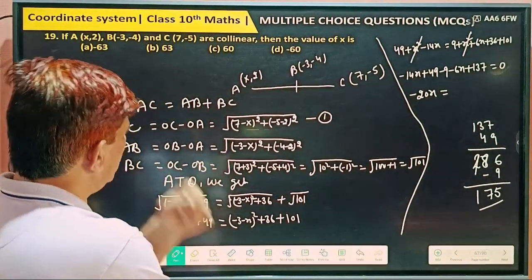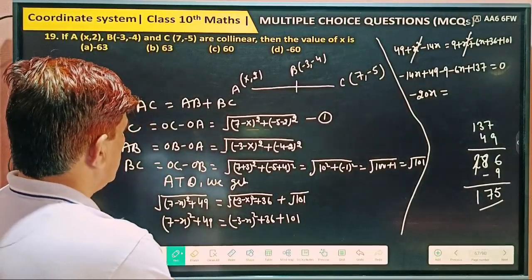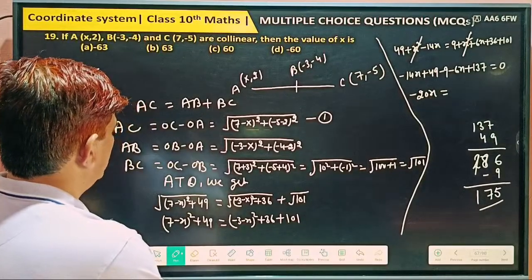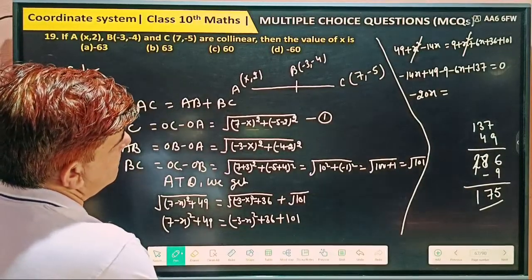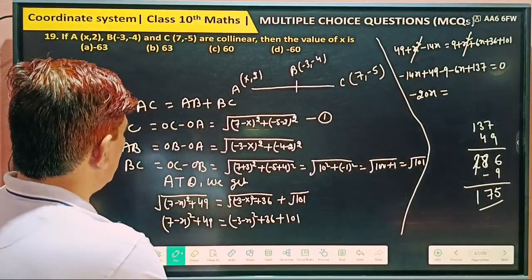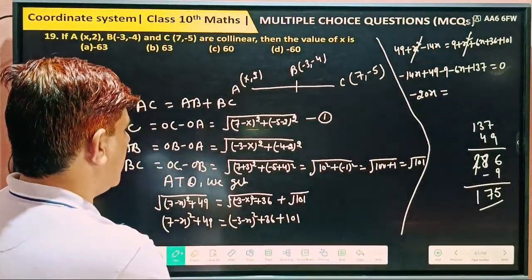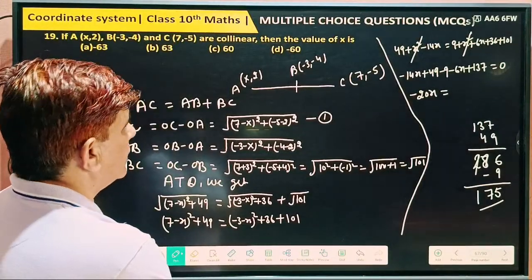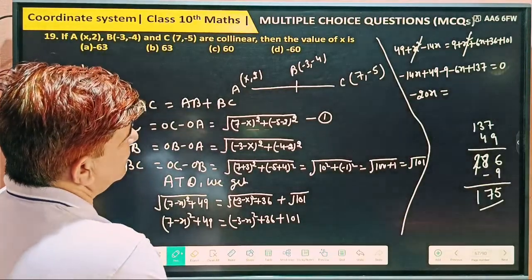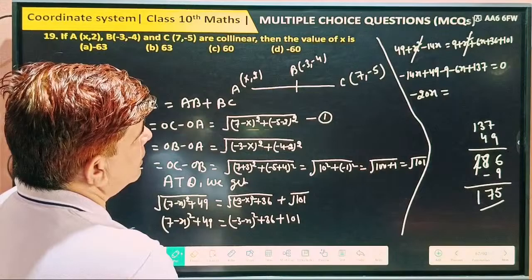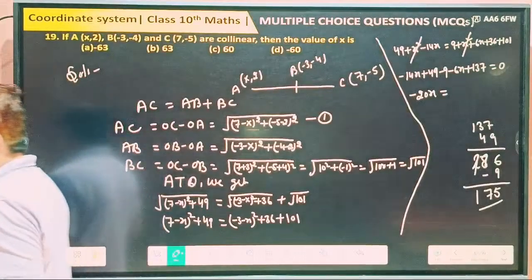AB plus BC. 49 plus x square minus 14x, plus 9 plus x square plus 6x, plus 36 plus 137, and then what?